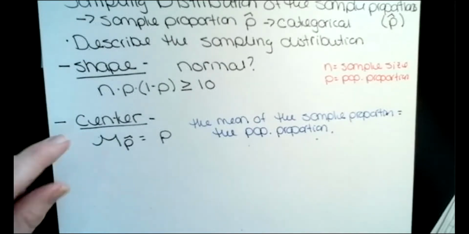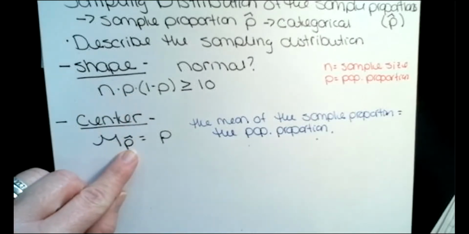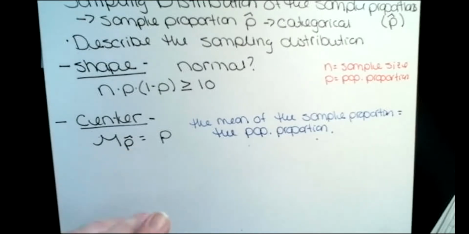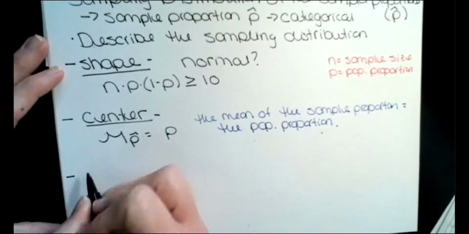We have P, the population proportion, P hat, the sample proportion. And then all of a sudden we get into P value, and then just capital P for regular probability. I'm hopefully not confusing you, or maybe I'm not telling you this in a confusing way.